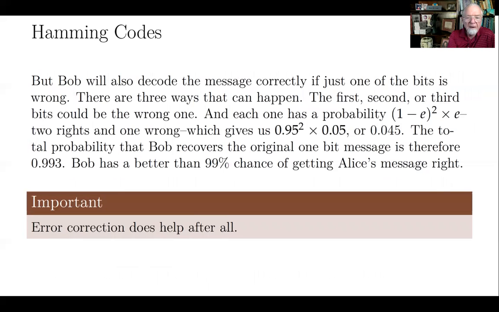So Bob will decode the message correctly if just one of the bits is wrong. There are 3 ways that could happen. The first, second, or third bit could be wrong, and each one has probability (1 minus E) squared times E, 2 rights and 1 wrong, which gives us 0.95 squared times 0.05, or 0.045.